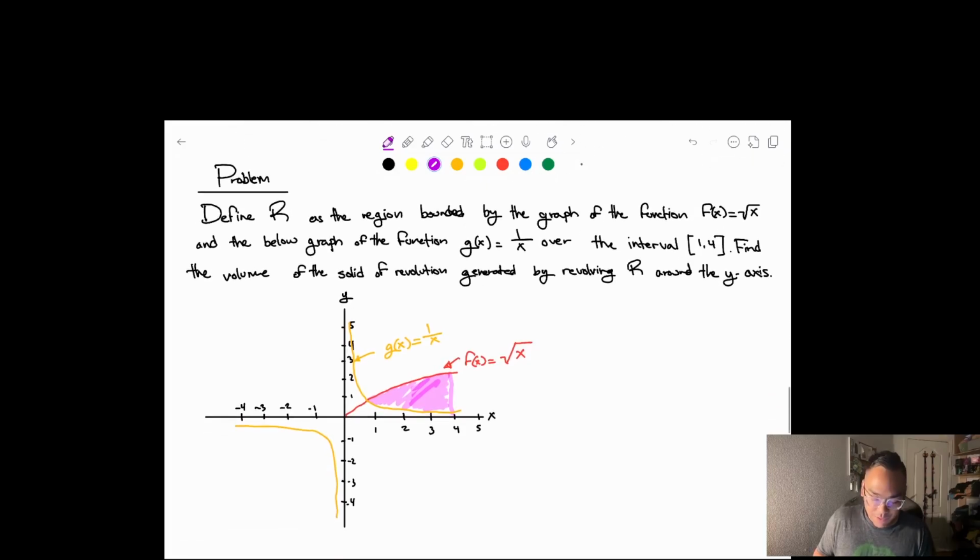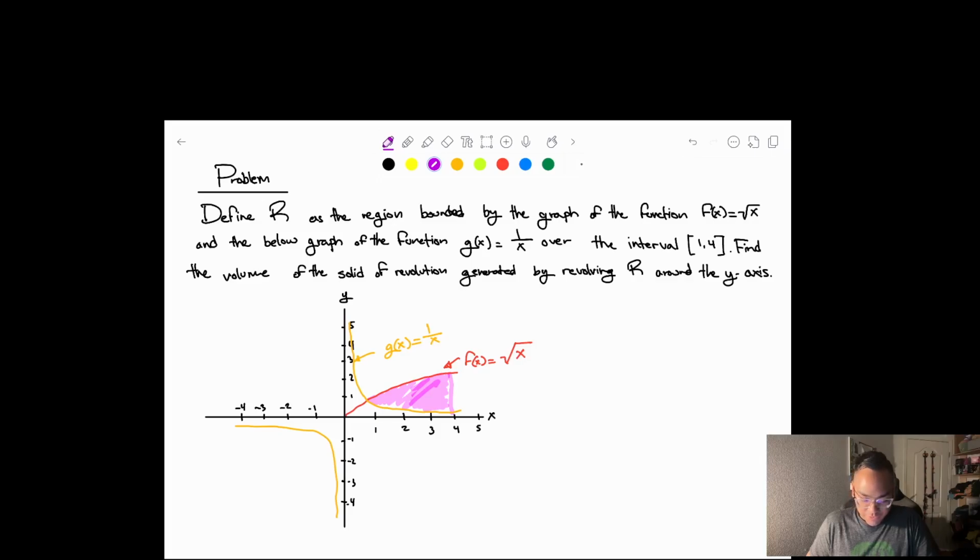So the problem says we have to define R as a region bounded by the graph of the function f of x is equal to the square root of x, and below by the graph of the function g of x is equal to 1 over x, over the interval [1, 4].